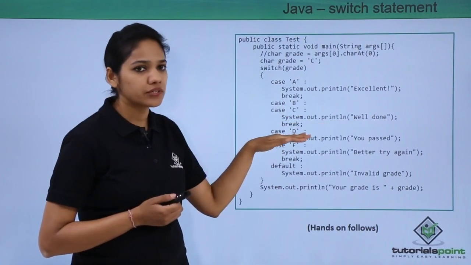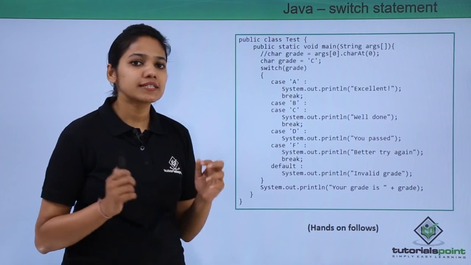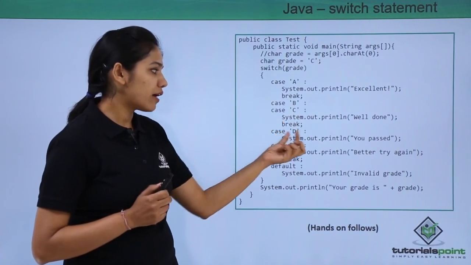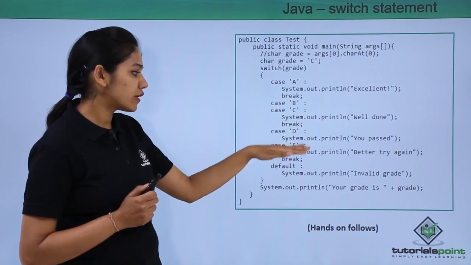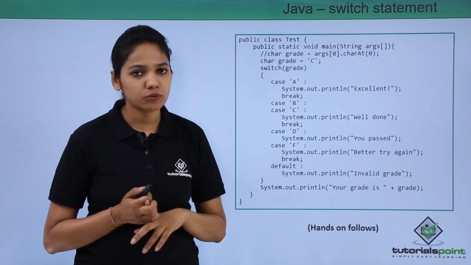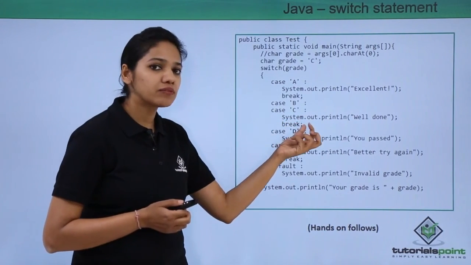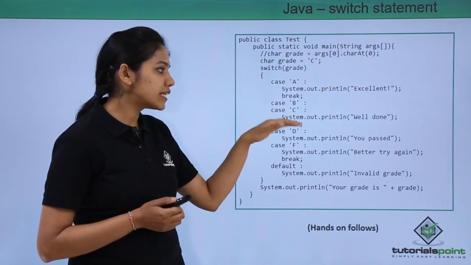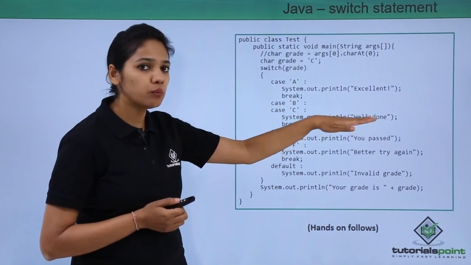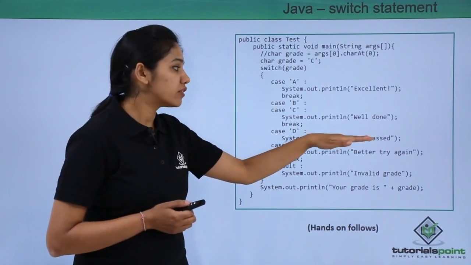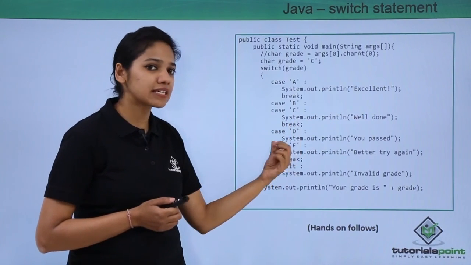Now, this block of statements will be executed, which says well done. But you have a break statement here. Therefore, the rest of the statements will not be executed. What if you did not have this break statement here? It would still have printed well done, and then the control would move to the next case.